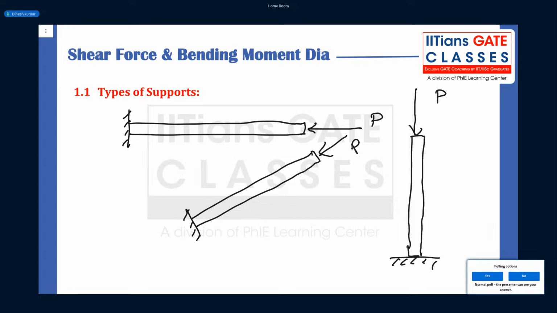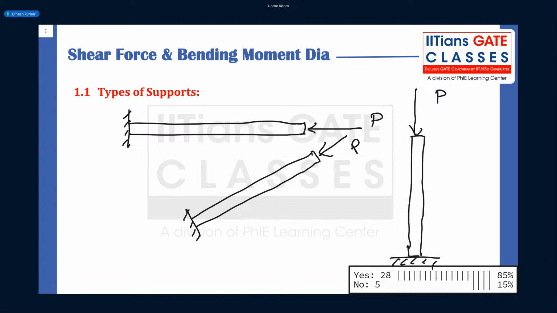It's not a material failure. First, Priyanka, it's not a material failure. Everyone, buckling is not a material failure. Okay. So those who have learned strength of material or mechanics of material, have anybody used books like Timoshenko, Gere or Hibbeler? Anybody used mechanics of material books by Hibbeler or Gere or Timoshenko Gere?